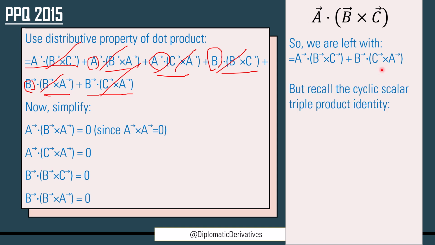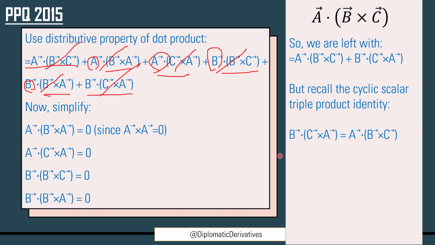All right, but recall the cyclic scalar triple product identity where we had b dot c cross a. Remember the first slide where we said that b dot c cross a is equal to a dot b cross c, which is also equal to c dot a cross b, right?